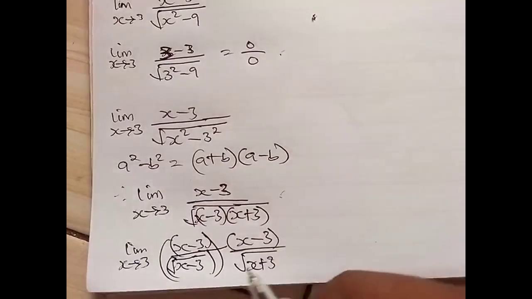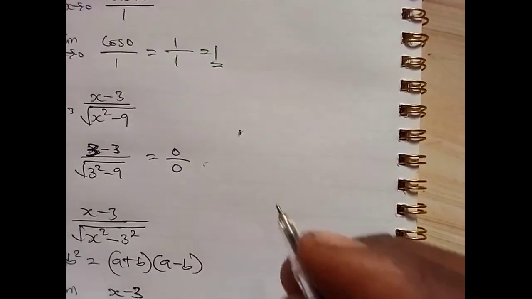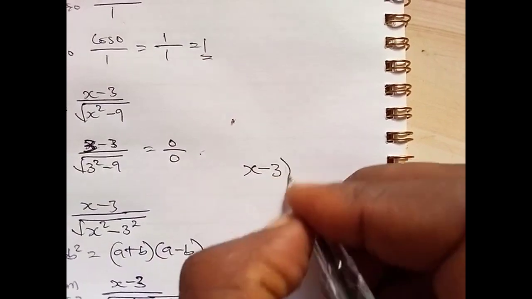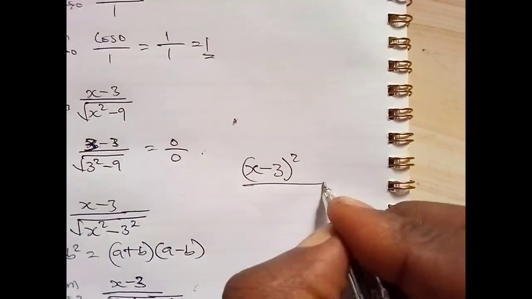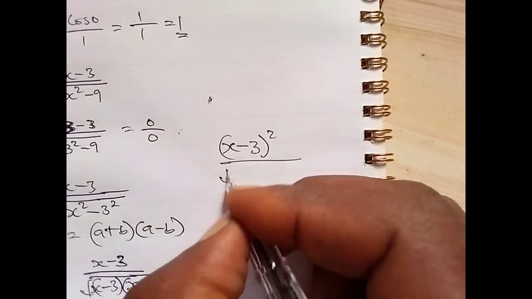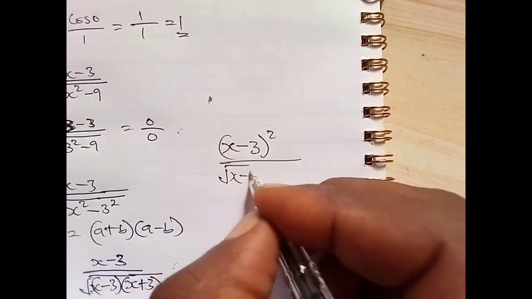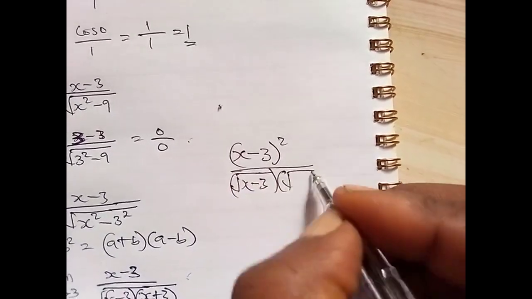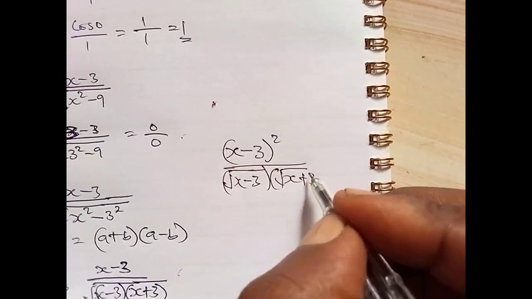Now this can be written as x minus 3 squared over square root of x minus 3, then root x plus 3.